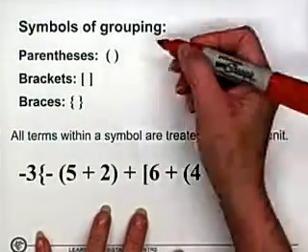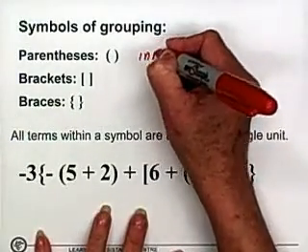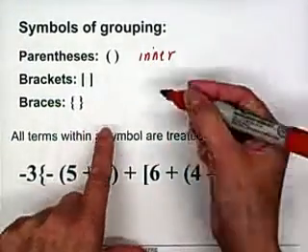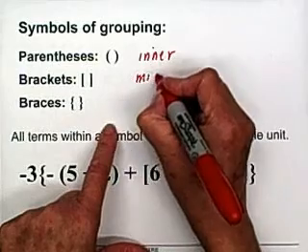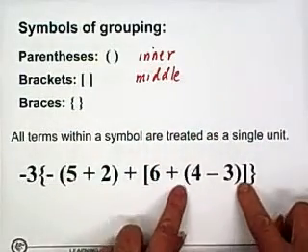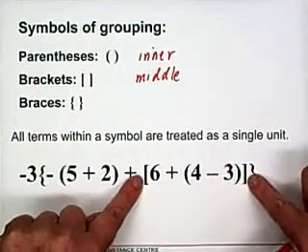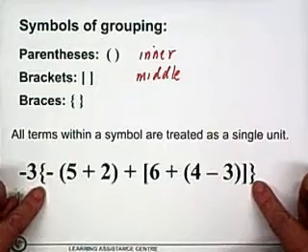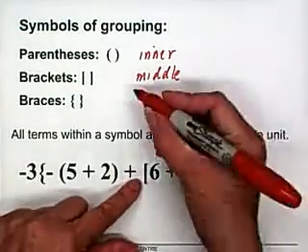So parentheses are inner symbols of grouping. They're on the inside. Brackets are in the middle. So you can see that the brackets are outside the parentheses. And then the outer ones, if we need them, are the braces.